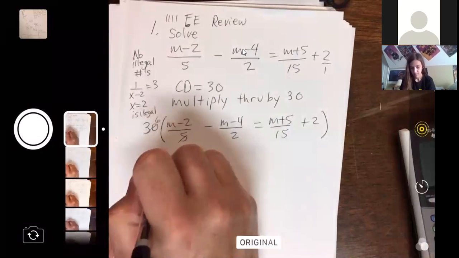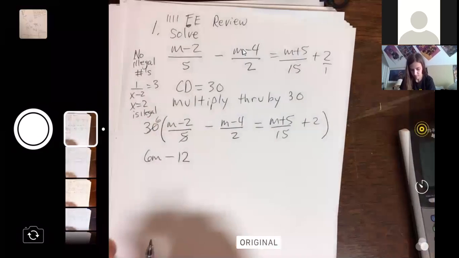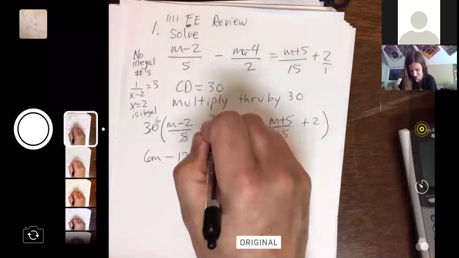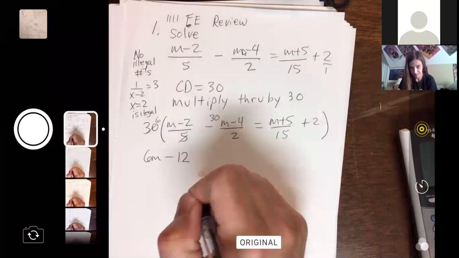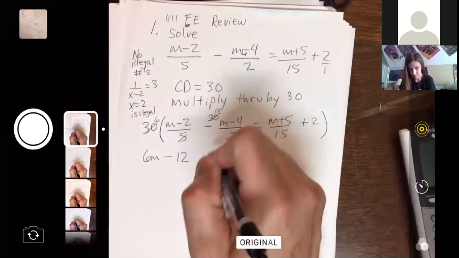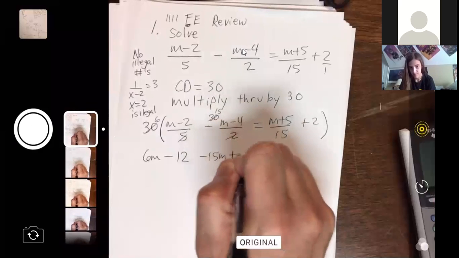There's 6m minus 12. Are we going too fast? Not yet, I think it's good right now. Okay. I'll put a 30 here rather than doing it in my head. So 2 into 30 leaves a 15, I'd have a negative 15m, but a plus 60.